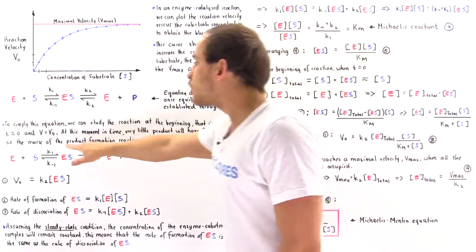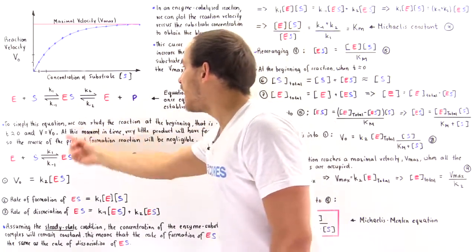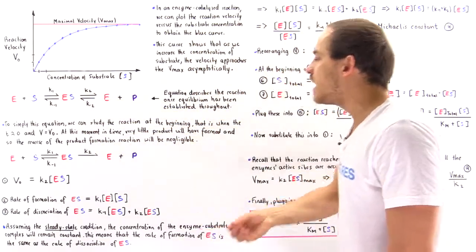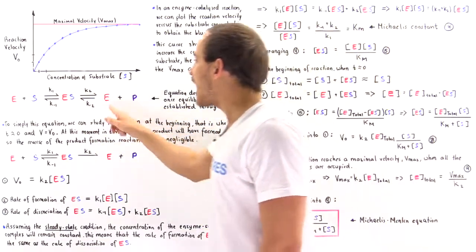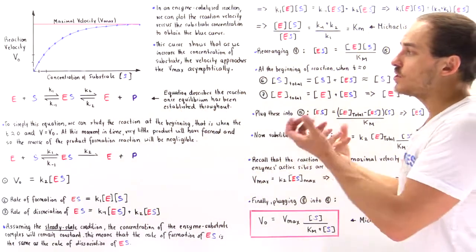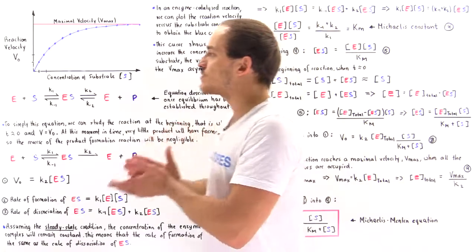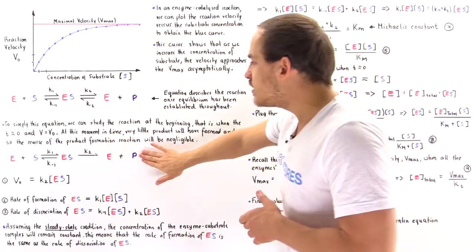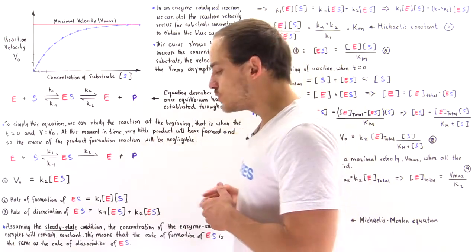So the reverse reaction, the formation of the product, becomes negligible, and we can remove that from our equation. This will simplify our equation and allow us to derive the equation that we're looking for. So this is the equation that we want to use.